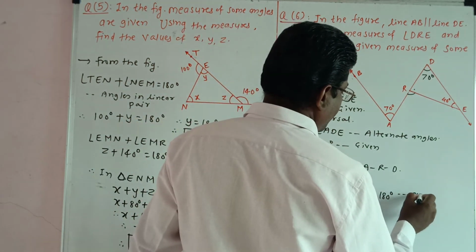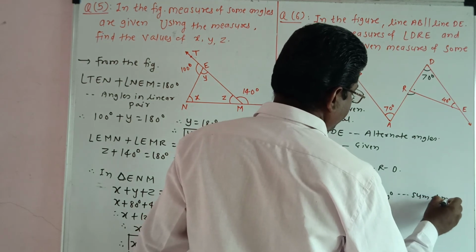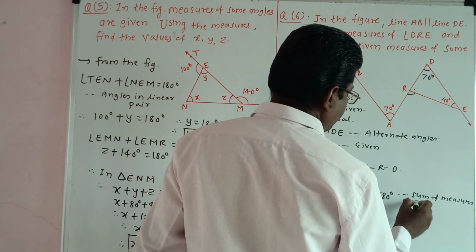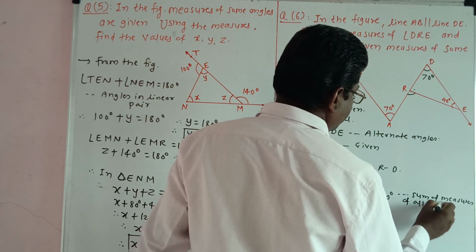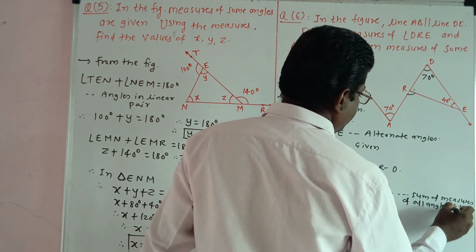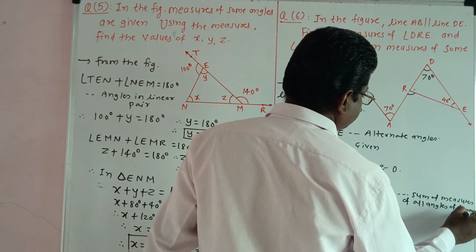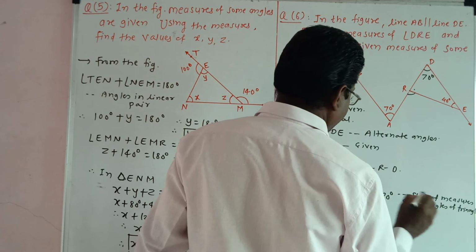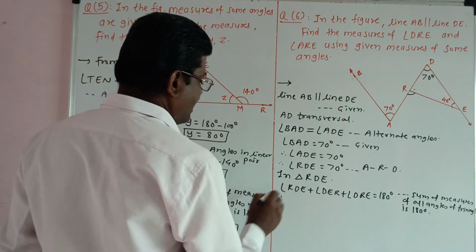Reason is the sum of measures of all angles of triangle is 180 degree. Put the values.